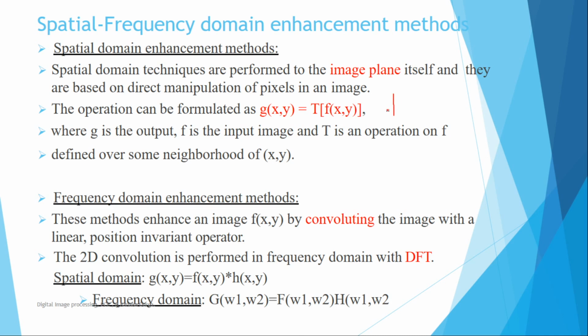We already discussed that the image is represented in matrix format, with x and y representations. Assume this is a pixel present here. For this pixel, I can apply the enhancement tool or technique, and it gives us the enhanced image, which is represented by g of x comma y.